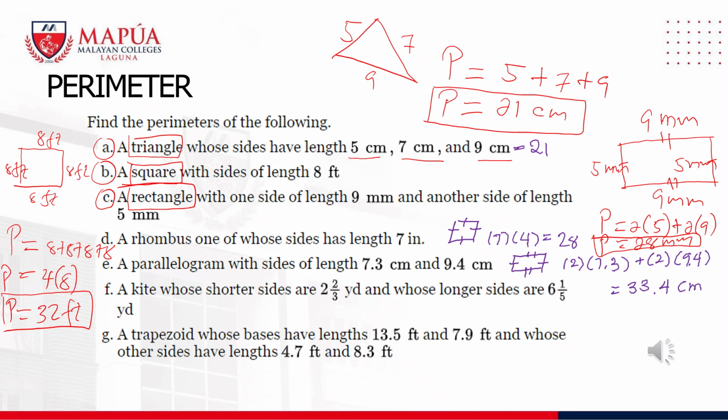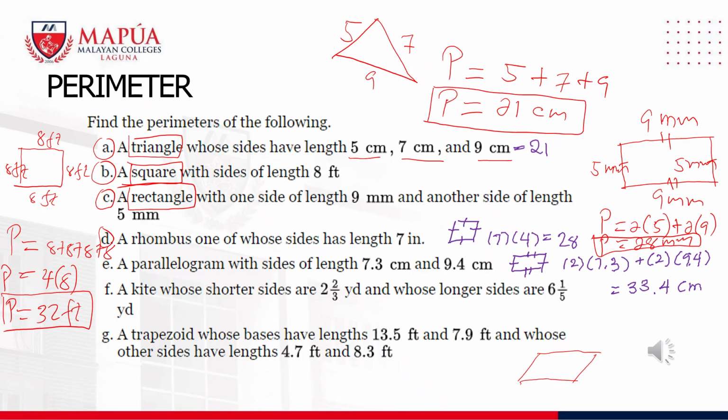And for D, rhombus. Rhombus, one of whose sides has length 7. Okay, rhombus, class, is the one that I have shown you earlier. It's just like a square, but the sides are slanted.